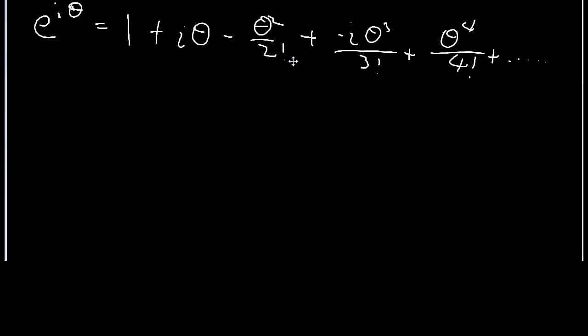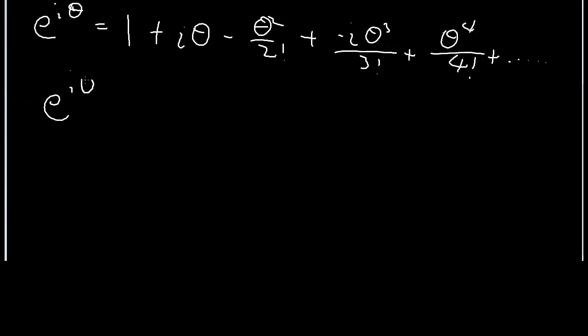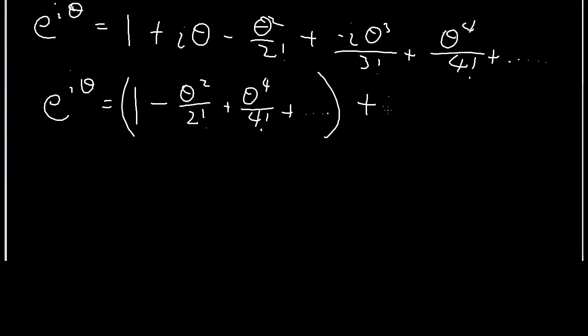Move it up a little bit. Okay, so let's rewrite this. e to the i theta is equal to, so collecting all the stuff that doesn't have any imaginary part to it, plus dot dot dot, plus all the parts with the imaginary part to it, factoring that out, and so on and so forth.